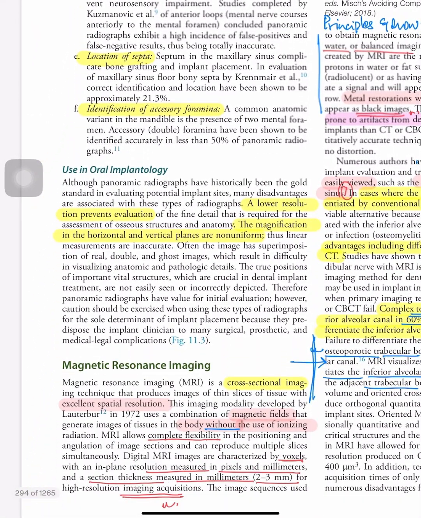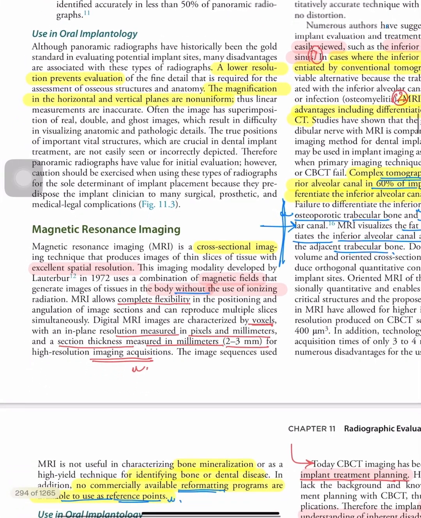Use in oral implantology: earlier, it was considered to be a gold standard. People would use OPG and diagnostic casts to plan their surgery, and they have been doing it successfully, no doubt about it. But now, since we have other modalities, I would say that OPG is no more the gold standard for radiographic evaluation.